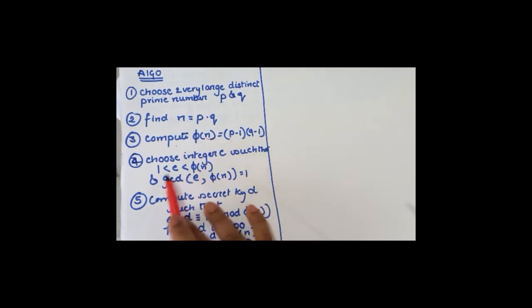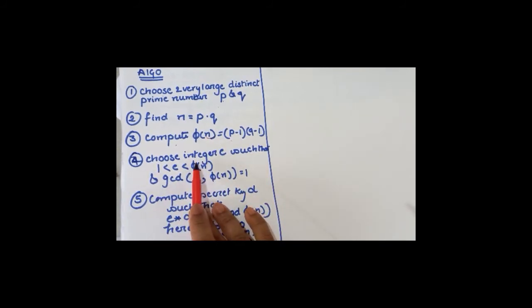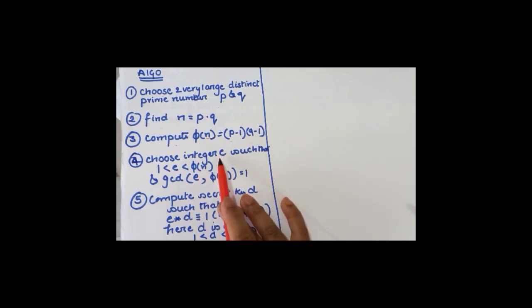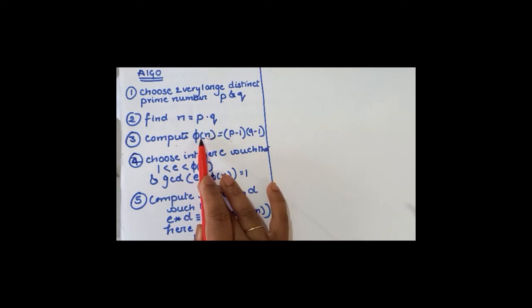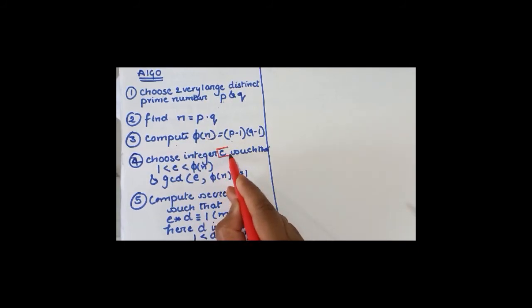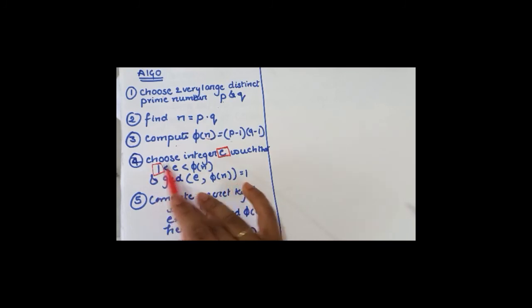Moving ahead. Now the fourth step is to choose an integer e. Now how are you supposed to choose an integer e? Remember, you have to choose e such that e is lying between 1 and the totient function.